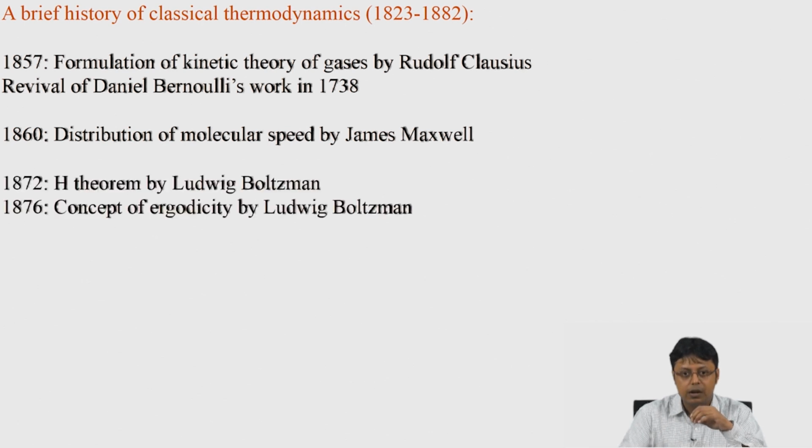And later on, two important theories were put forward by Ludwig Boltzmann. He found that you can start from Maxwell's distribution of molecular speed and show that some quantity equivalent to entropy can increase with respect to time for any equilibrium or non-equilibrium system, and that was the catch in Boltzmann's theory, which is usually known as the H theorem.